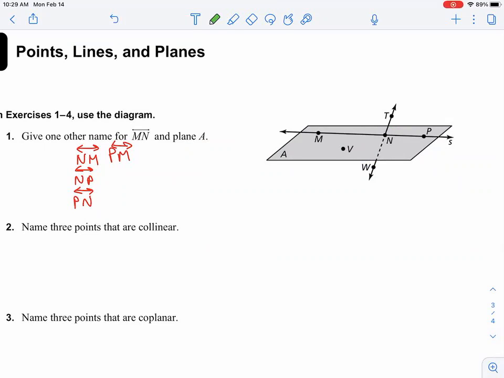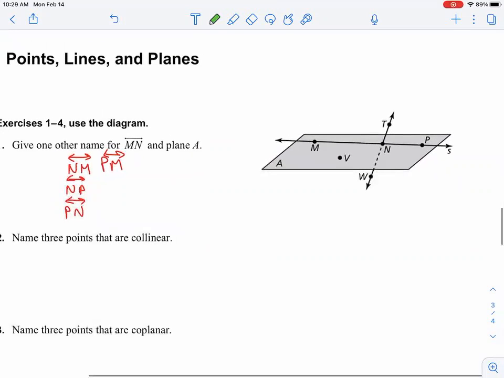But for plane A, if I want to name that, I could say it's plane, and I'm going to pick three letters, M, V, and N. You want to pick three letters that are on the gray part, on the same plane, but not collinear. So you do not want to pick like M, N, and P.